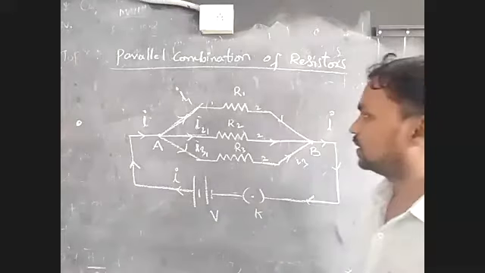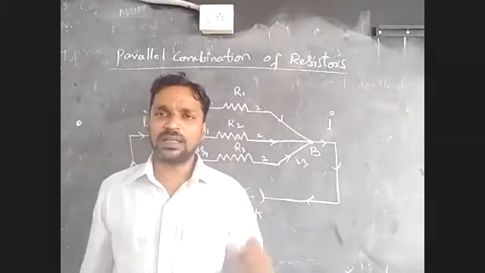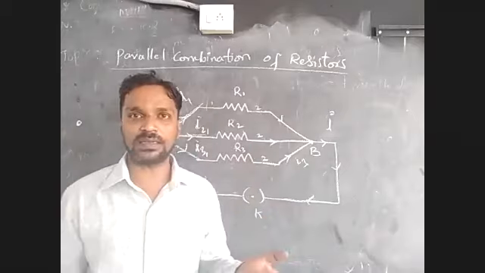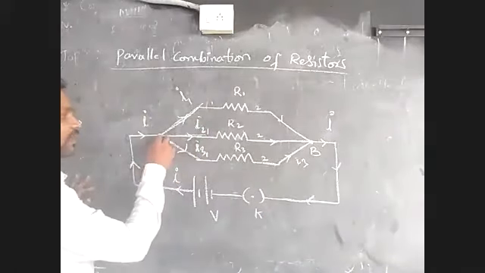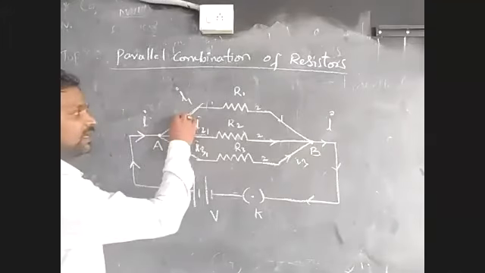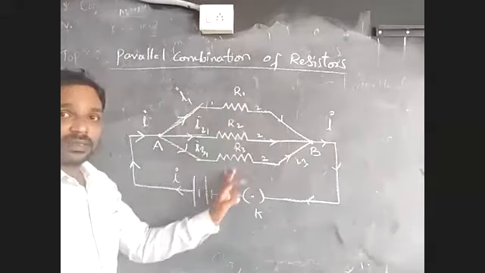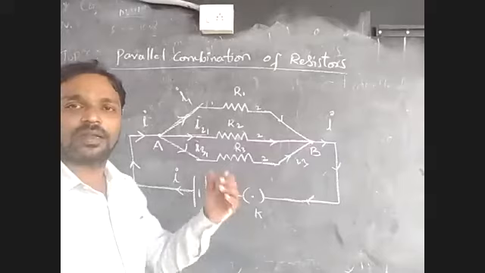This is the combination. In series, what we have learned is that voltage division takes place and current remains constant. Whereas, coming to the parallel combination of resistors, what is happening here? The current is being divided and voltage remains the same.